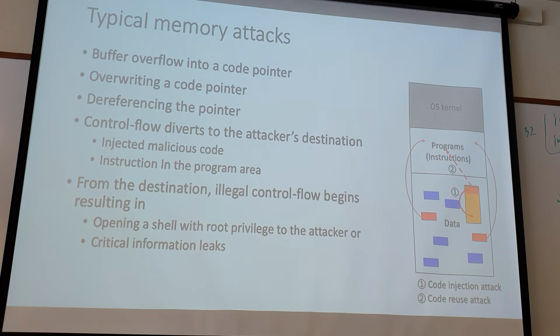The attacker's destination may be somewhere already in the program. From the destination, the illegal control behavior begins. Finally, the attackers may get root privilege or disclose critical information. When you get root privilege, opening a shell with root privilege, then he can do whatever he wants, destroying the system or getting all the information from the system.